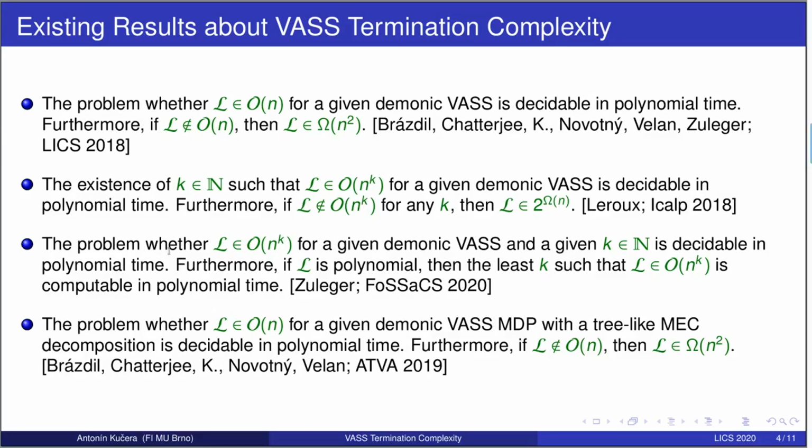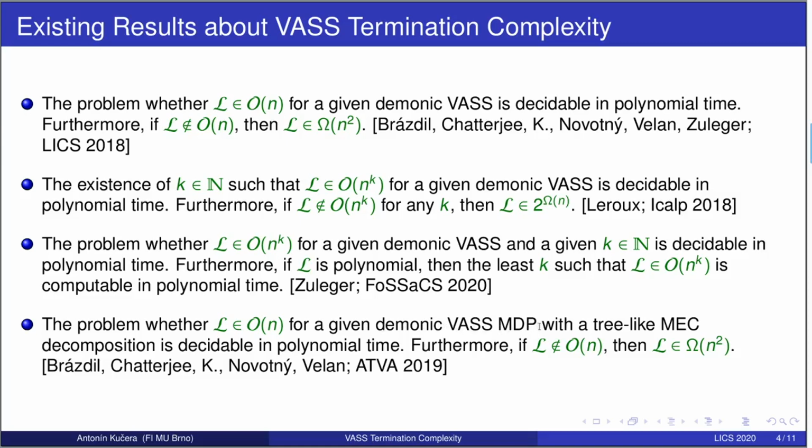Very recently, it has been shown that the problem whether L is bounded by a polynomial of a given degree k is also solvable in polynomial time. And if L is bounded by some polynomial, then the optimal degree of the bounding polynomial is computable in polynomial time as well. There is also a result about a slightly more general model of demonic VASS MDPs.